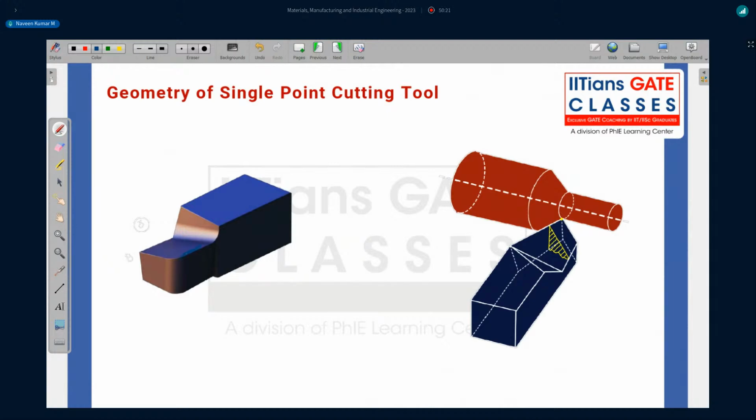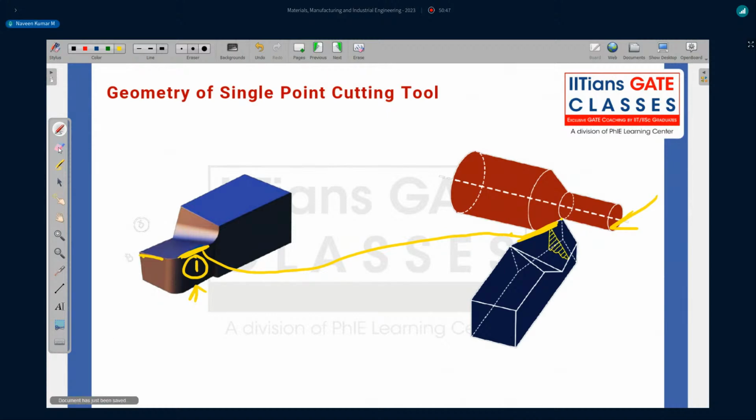We have seen the cutting edges here, and these two cutting edges, and especially this is the cutting edge that will be in contact with the workpiece. If you are seeing the tool in this direction, we can see it in this one, right?